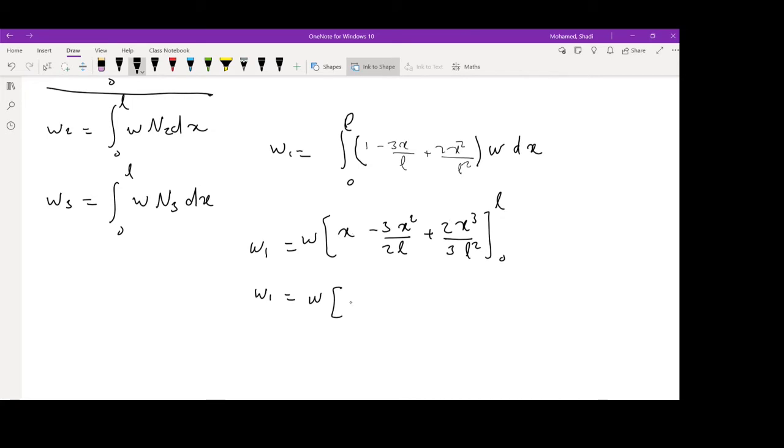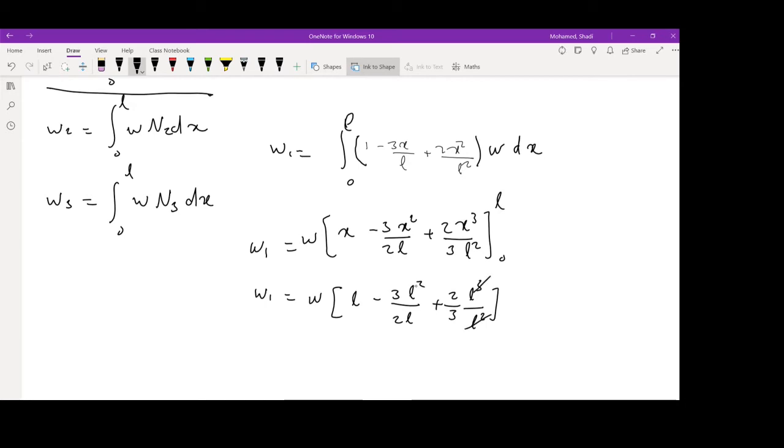So I'm just going to replace the X with L. So it is L minus 3L squared over 2L plus 2 over 3 L cubed over L squared.